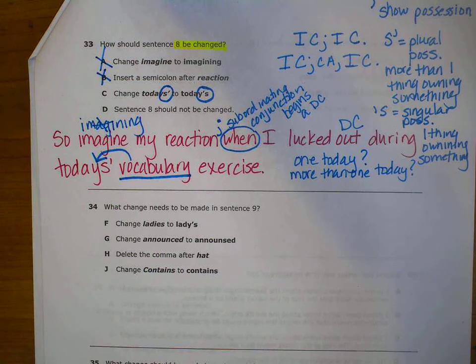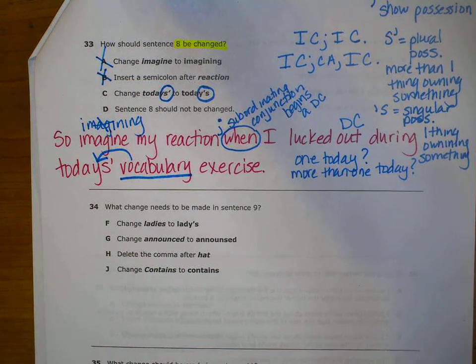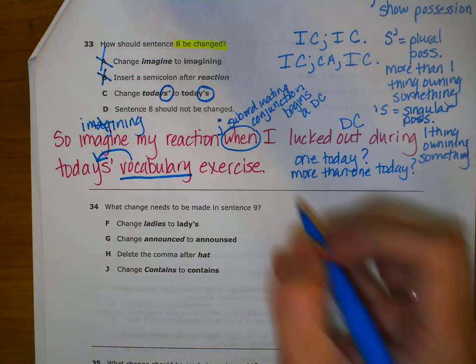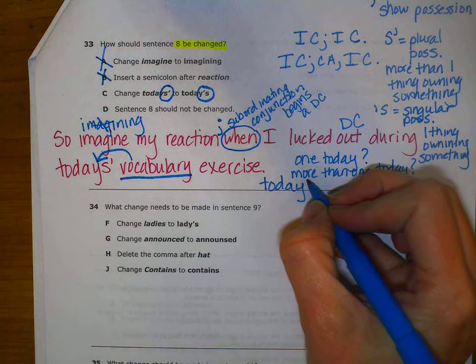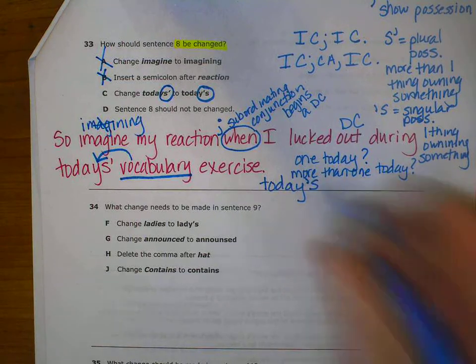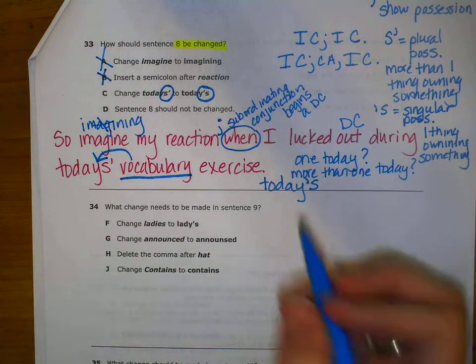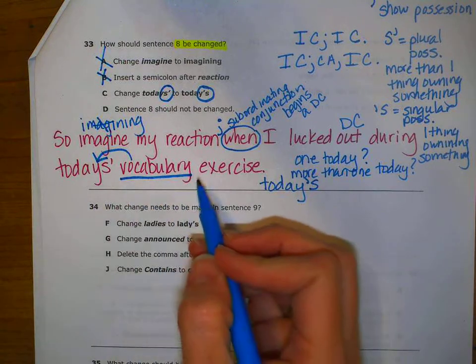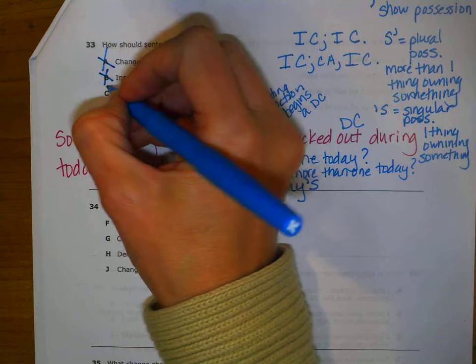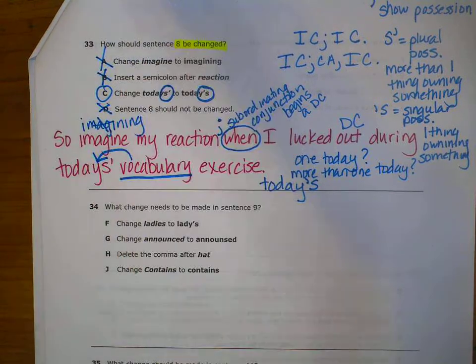I'm going to say that there is only one today. So today needs to be singular possessive. So first I make it singular, then I make it possessive, like that. So this is the singular possessive. There's one day owning a vocabulary exercise. So my answer is C.